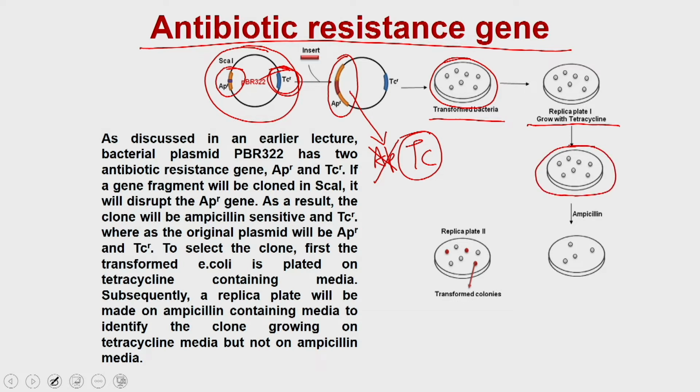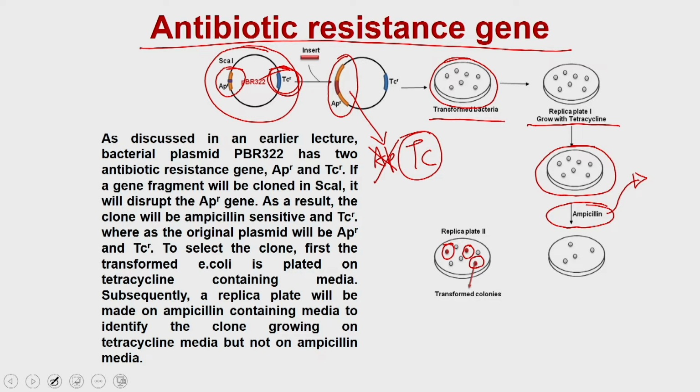Now, what you do is take these colonies and grow them onto the ampicillin. So, what will happen? Some of the colonies will die because they are not going to contain the ampicillin resistance. These are the 3 colonies which died while you were screening them onto the ampicillin.